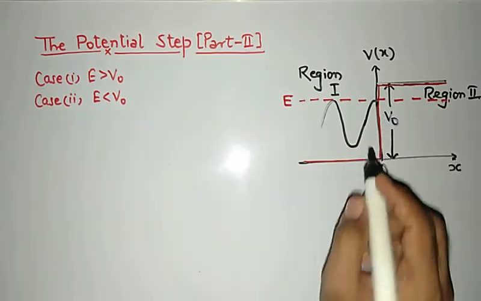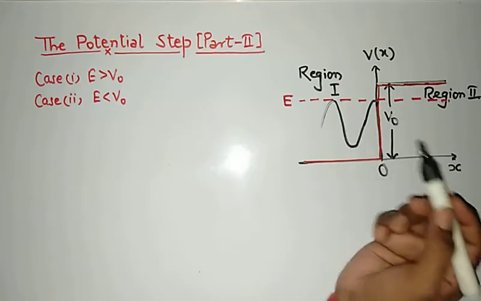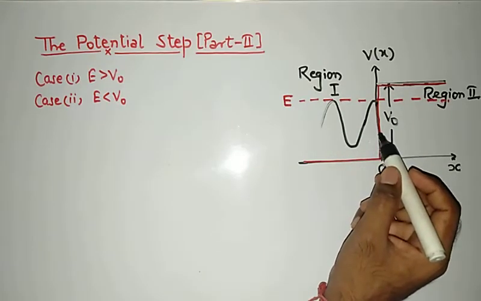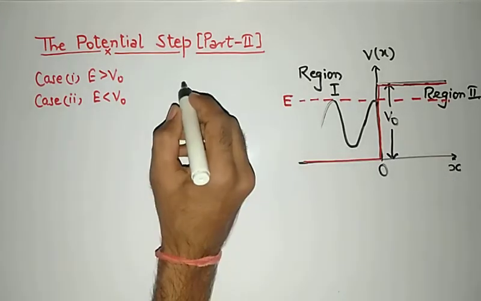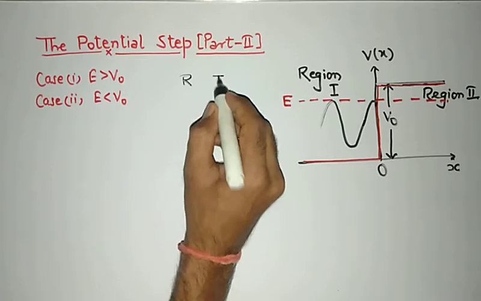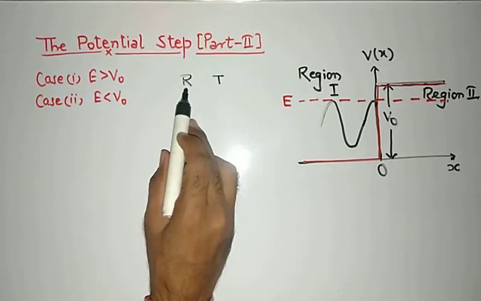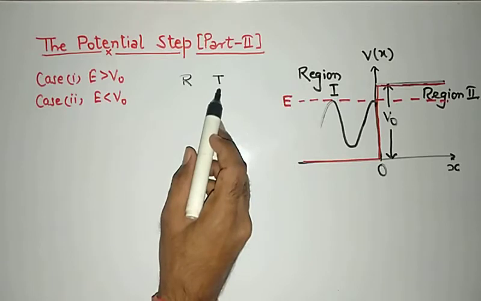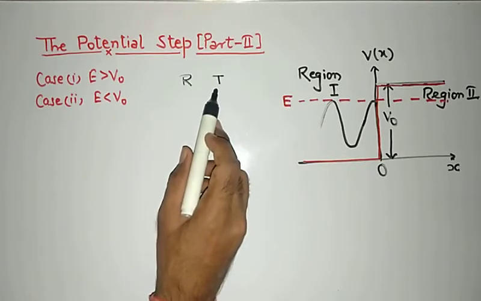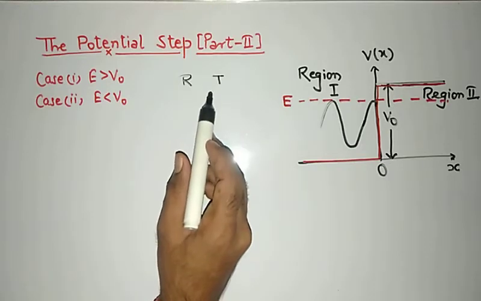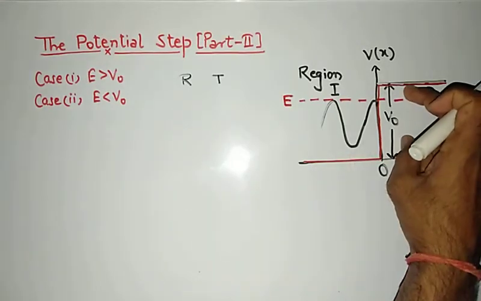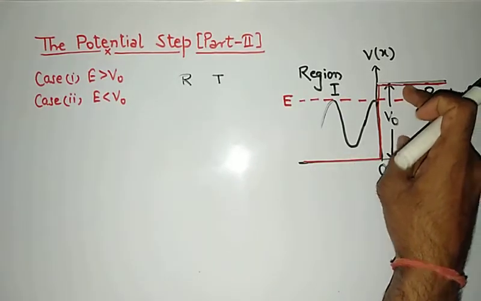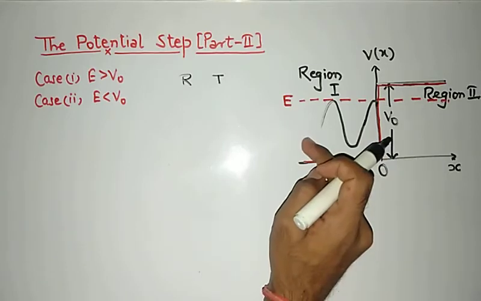Now these waves will reflect or transmit, that is we are talking about R and T. R is the quantum mechanical reflection coefficient and T the quantum mechanical transmission coefficient. But what we see generally in the classical sense, if particle energy is less than this potential height, it will reflect.